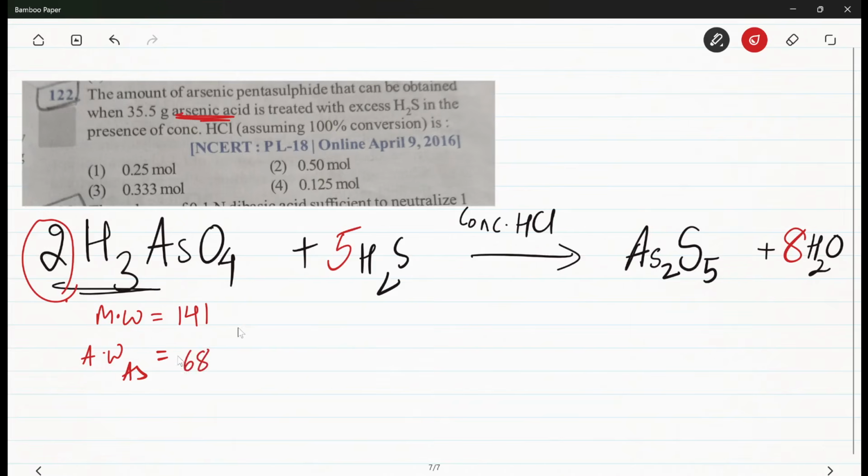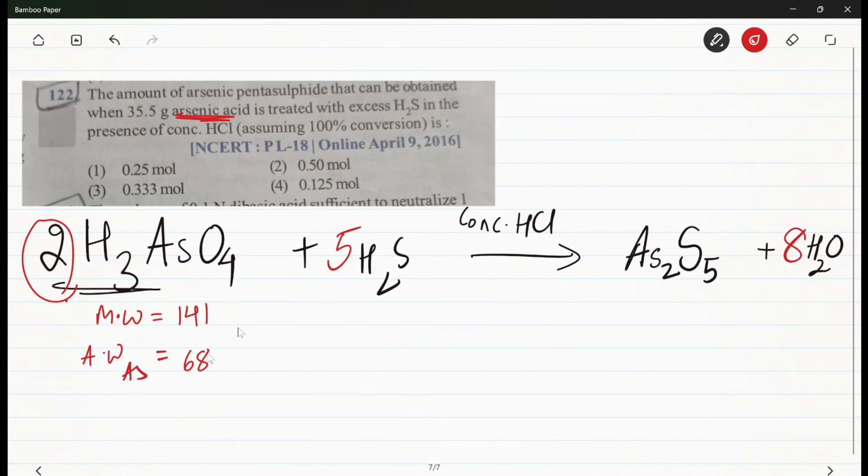Hmm. 3 plus 79, 82, 82 plus 64 will be 146. Too much.